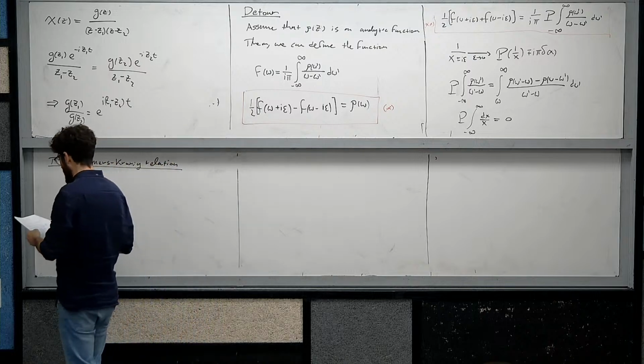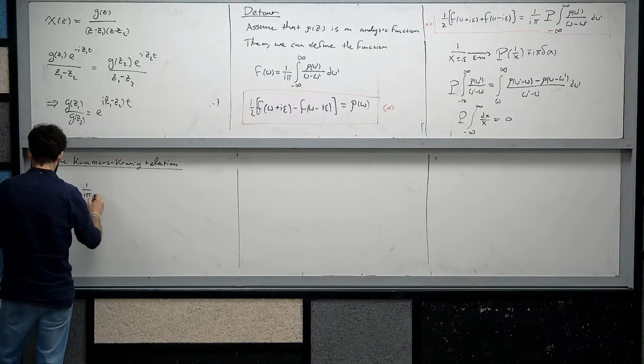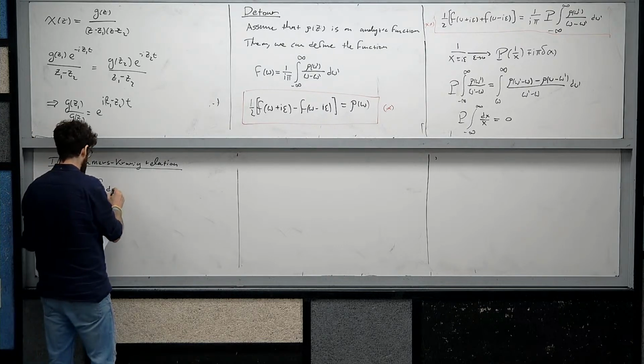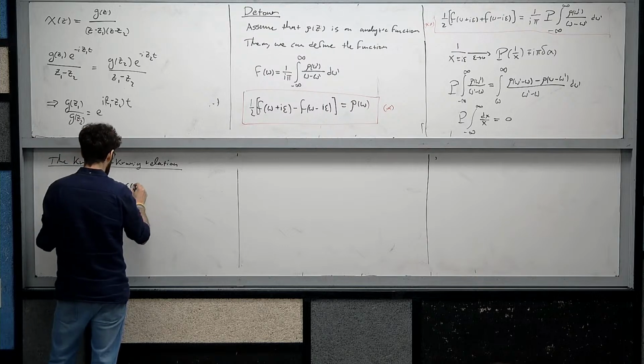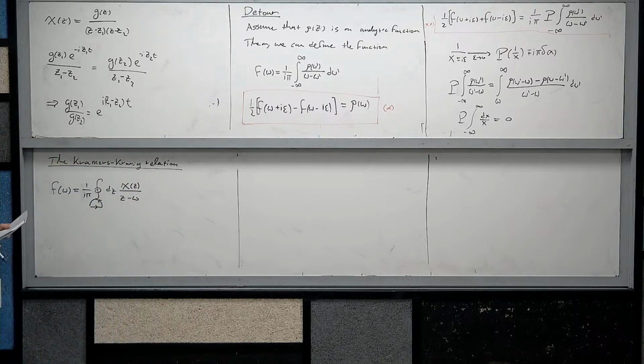I'm going to define f of omega is equal to 1 over i pi, a closed contour which goes in the upper half plane, dz chi of z divided by z minus omega.